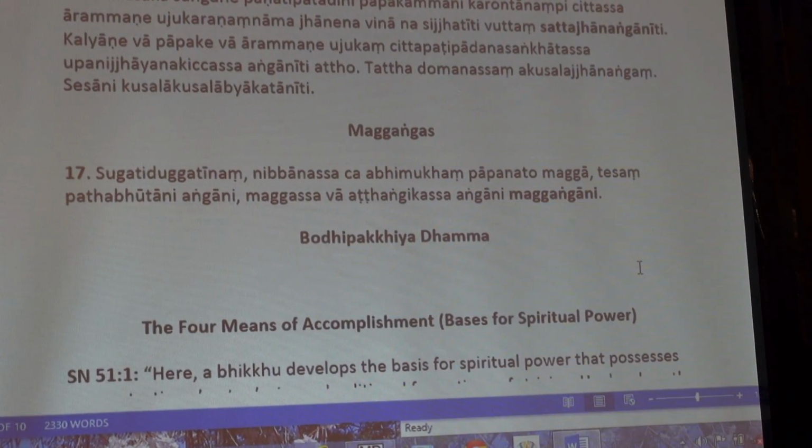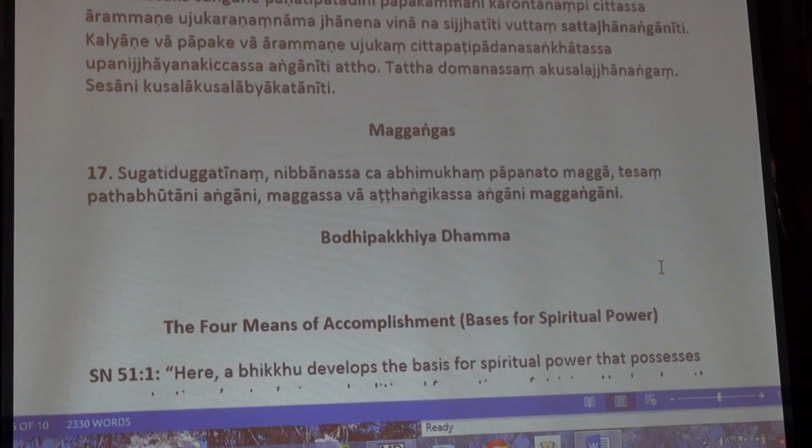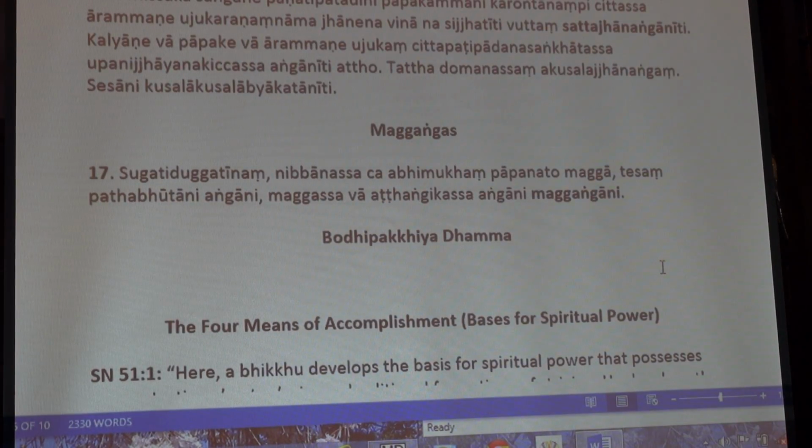Okay, maybe I'll just ask whether there are any questions so far on the roots or jhana factors. Take the microphone. Bhante, on the roots, you mentioned that wholesome consciousness is stronger and unwholesome consciousness is weaker. Could you please elaborate on that? I'm not sure I understood that well.